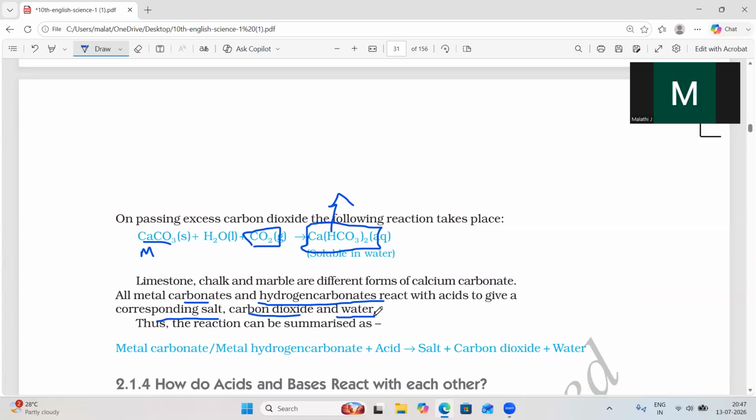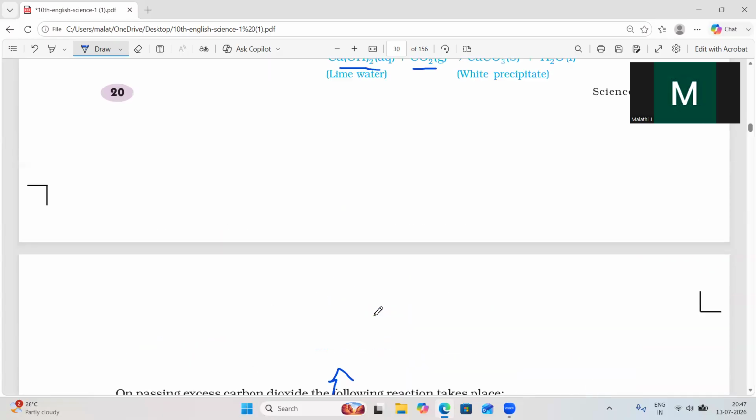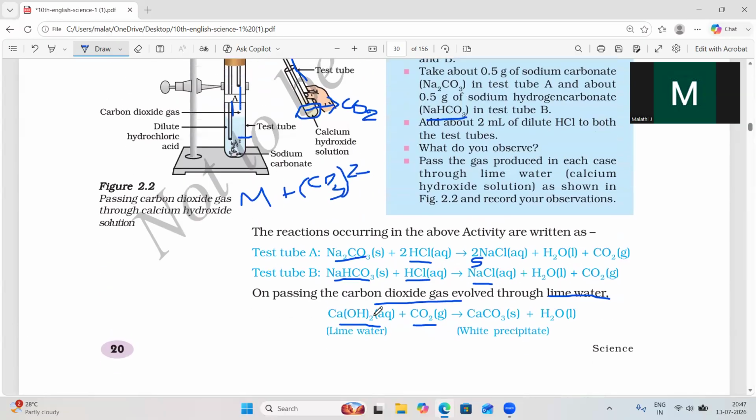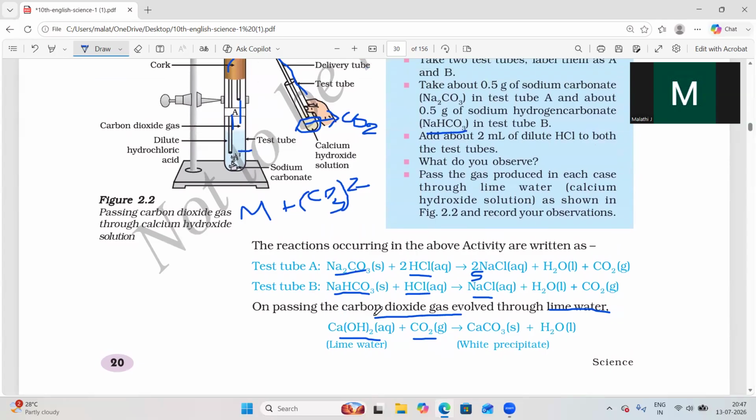One more important question for you: if you observe Pepsi bottles or juice bottles, when you open them, a gas is liberated, no? That is called effervescence. That is carbon dioxide. How do you test this? By using the lime water test, we can identify carbon dioxide by the change into a milky white color.